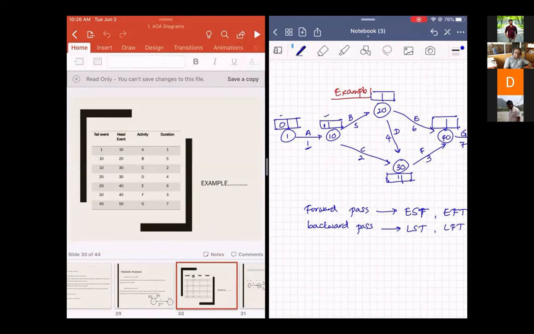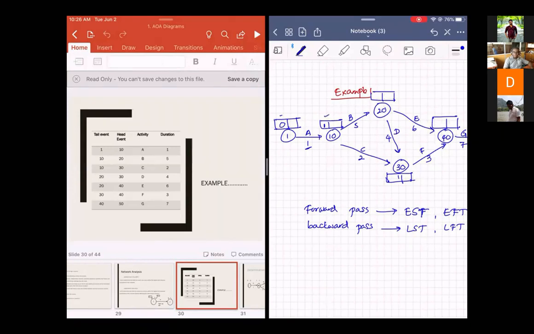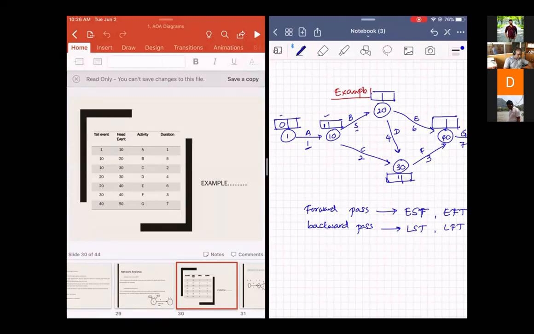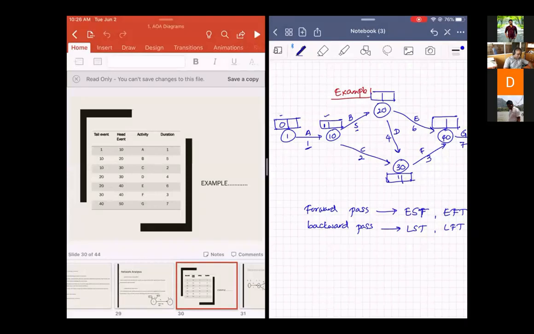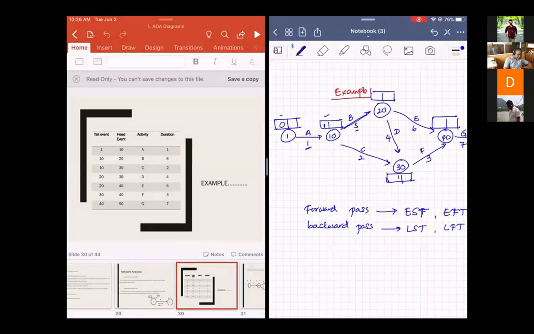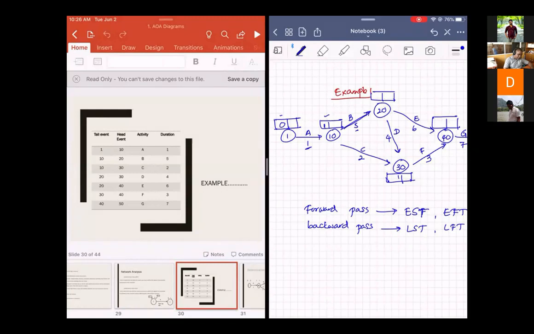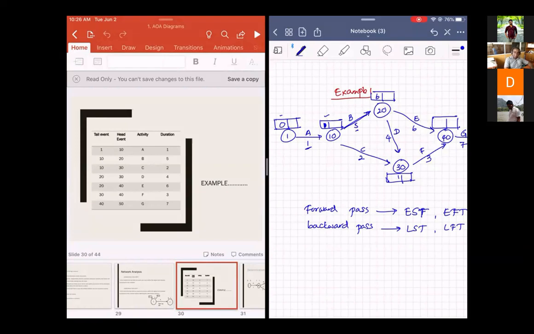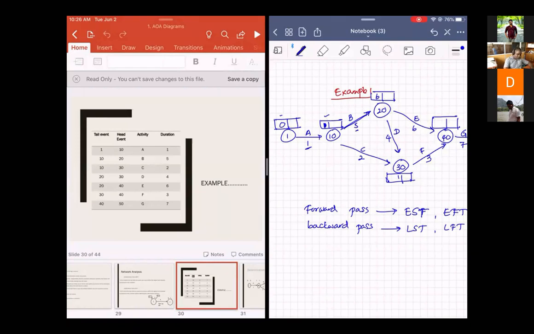Earliest finish time of activity A is 1. Now, activity B, the duration is 5. The earliest possible time that activity B can be started is 1. 1 plus 5 becomes 6. So the earliest possible time that activity B can finish is 6.